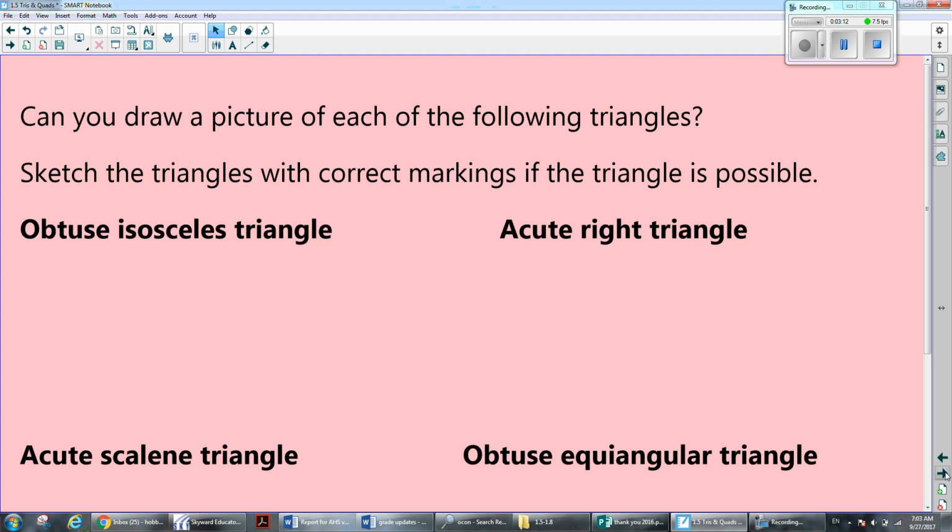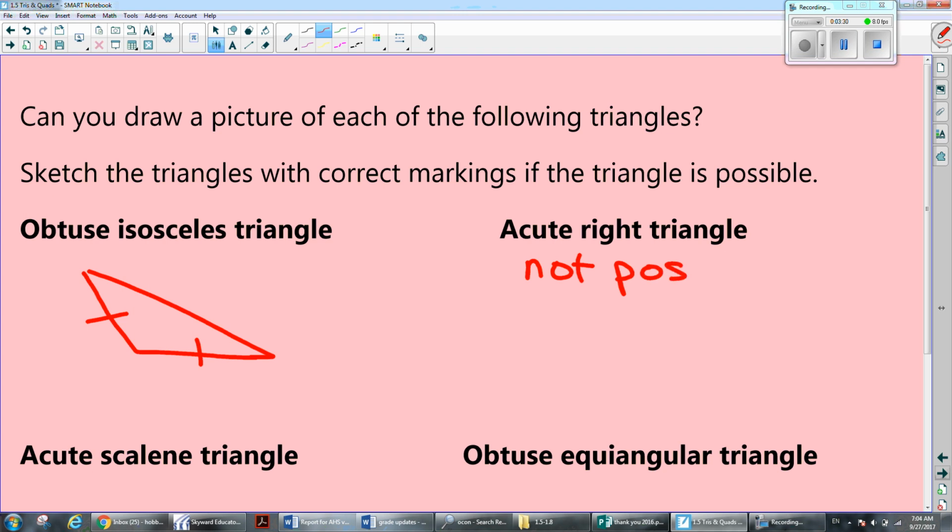Okay, so can we draw a picture of each of these following triangles? If it was an obtuse isosceles triangle, we'd need an obtuse angle and two congruent sides. That one is possible. If it's an acute right triangle, this one is actually not possible because right means 90 degrees, so it has to have a right angle, but acute means less than 90. So all of the angles would be less than 90.